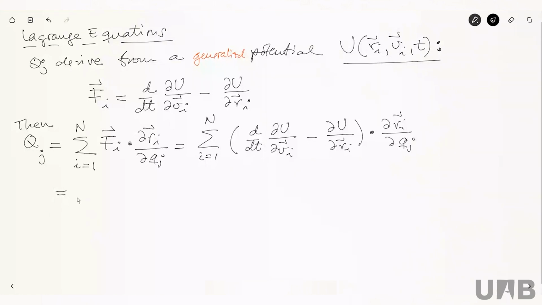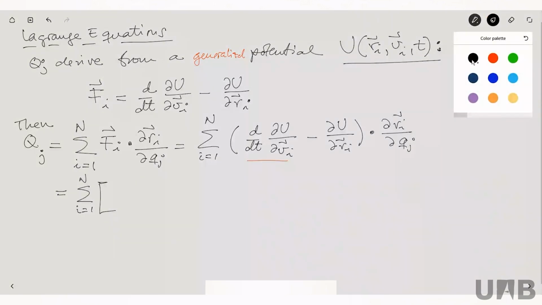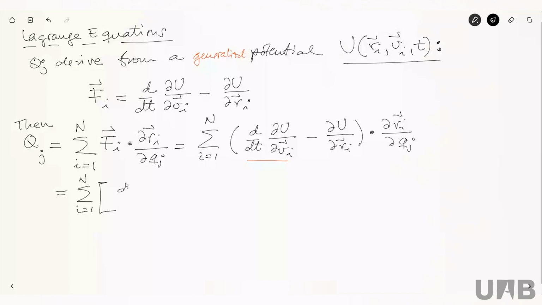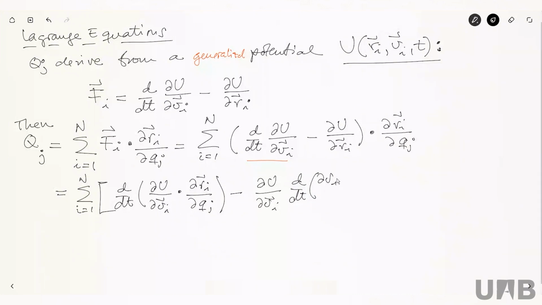We just have the sum, so the sum is still there, i equals 1 up to N. And now the first term, I'm going to rewrite it like this: derivative with respect to time of dU/dVi times derivative of Ri with respect to Qj, minus dU/dVi times the derivative with respect to time of the derivative of Ri with respect to Qj.